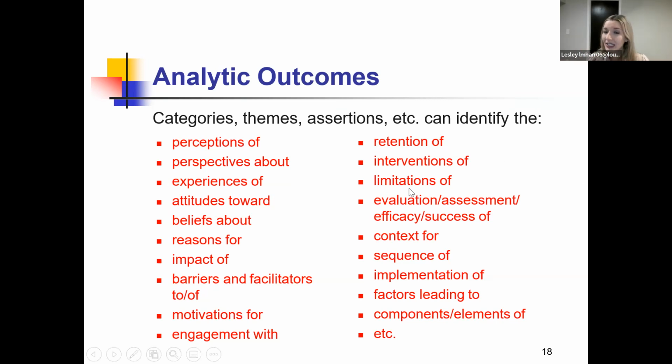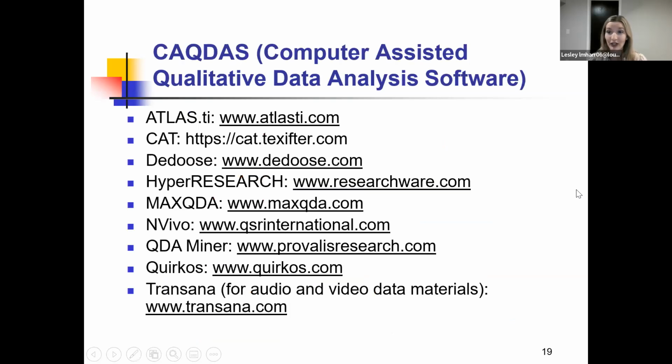We can look at limitations of the current program, previous interventions that might not have worked or might have created more needs or needs that still remain. So think about some of these things and try to plug them into your interview data, which you should have already collected by now.